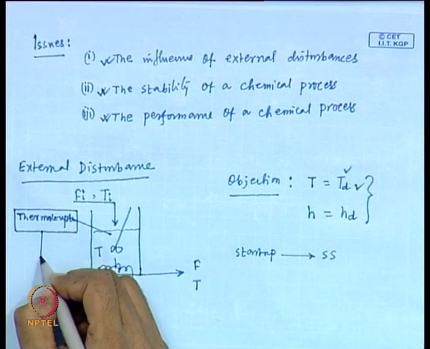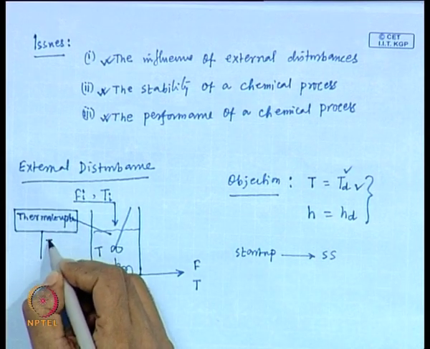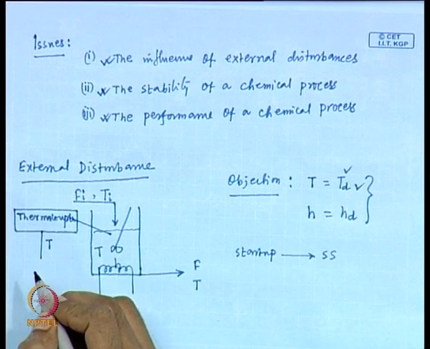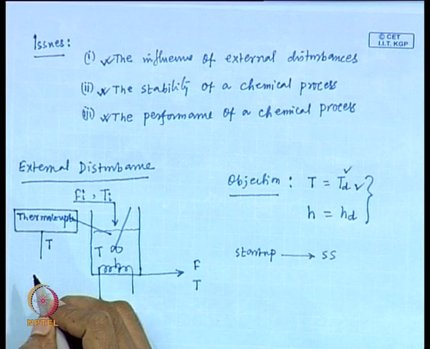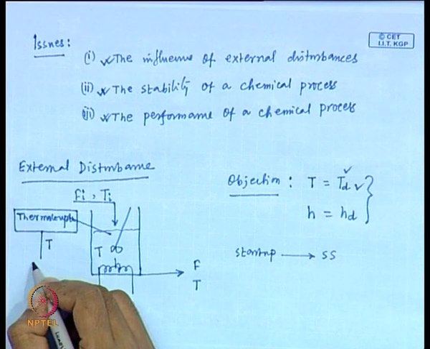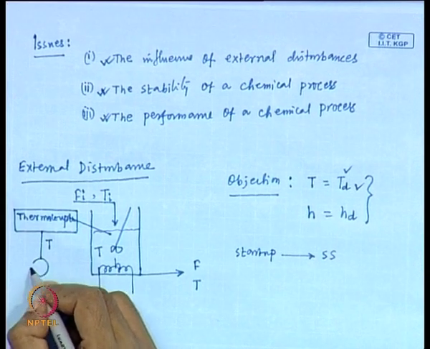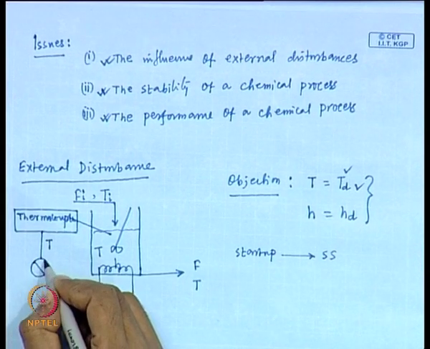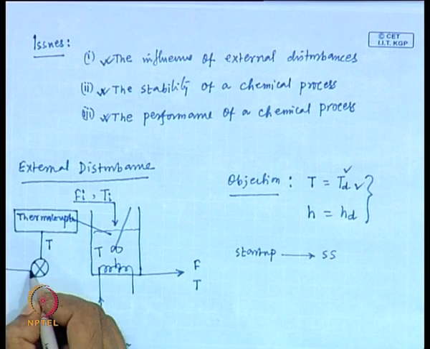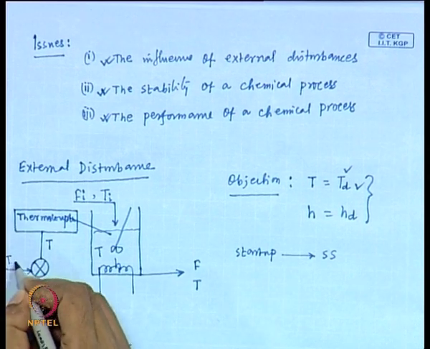And suppose the thermocouple outlet, I mean the temperature which is measured by that thermocouple, that is exactly the liquid temperature T. Now, this temperature is then compared with the desired value, that is T d.